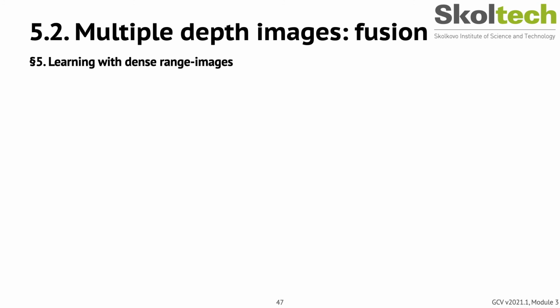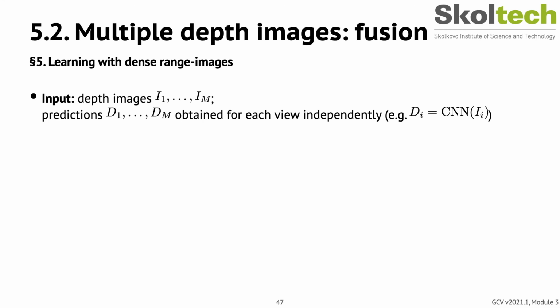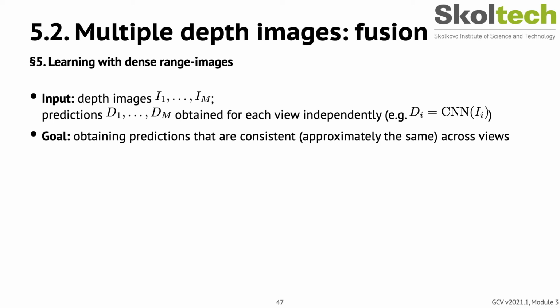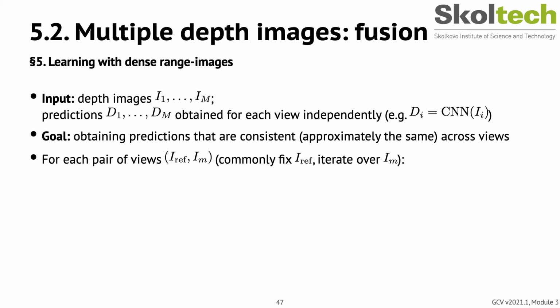The prediction fusion algorithm then proceeds as follows. As input, we're taking depth images and predictions obtained for each view independently, for instance using a neural network. The goal is to obtain predictions that are consistent, or approximately the same, across views. So this is what we do.